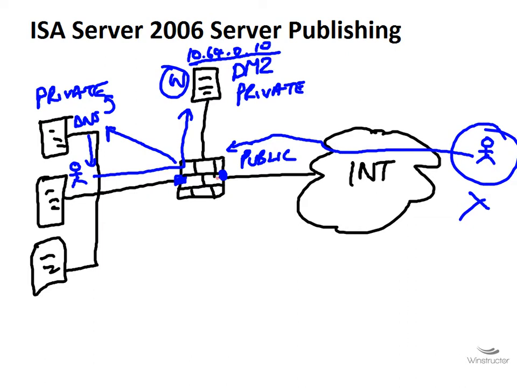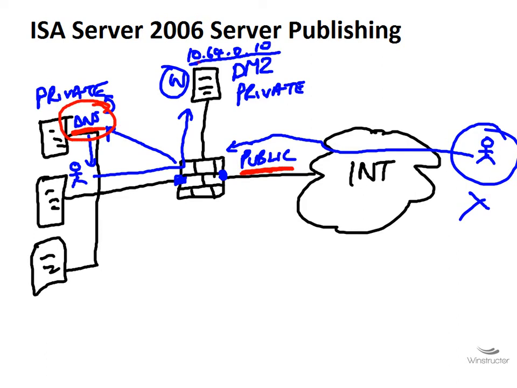So what needs to happen is that our DNS server needs to return the external or public IP address for our internet user to be able to access our web server. The solution to this problem is to use split DNS. This means we can leave our internal DNS server to handle all of our internal DNS requirements.